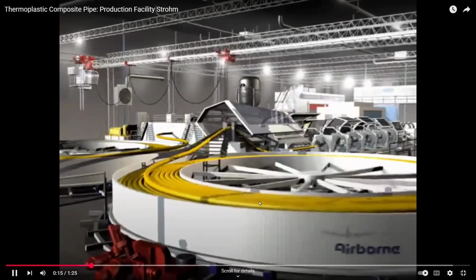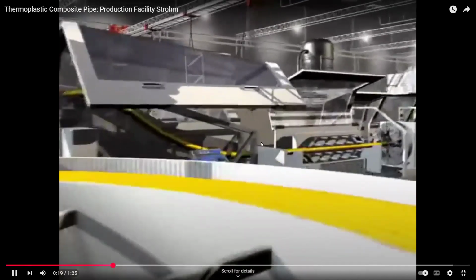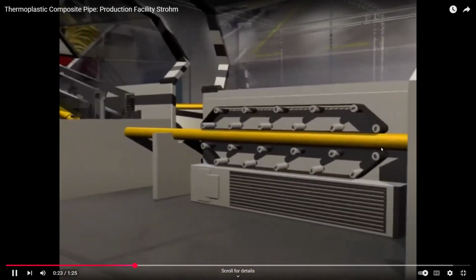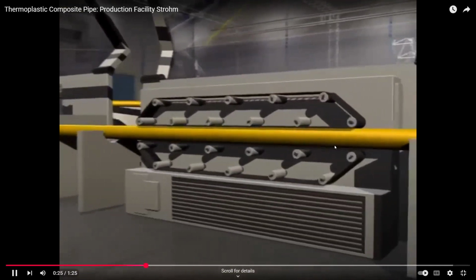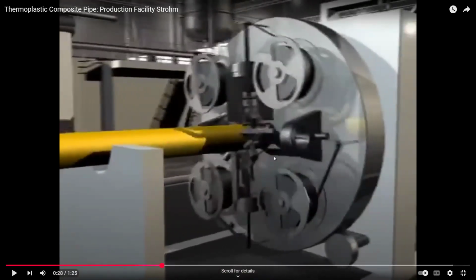And then once we have this, we unwind it and feed it into this continuous line system. So the important point here is where we wind, for example, the carbon fibers, but sometimes the aramid fibers.